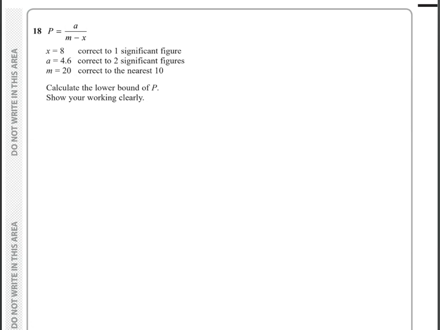Question 18. So we want the smallest bound, the lower bound of P. So to make P small, we need a small top, so that needs to be small. We need a big bottom, so that needs to be big, that needs to be small.